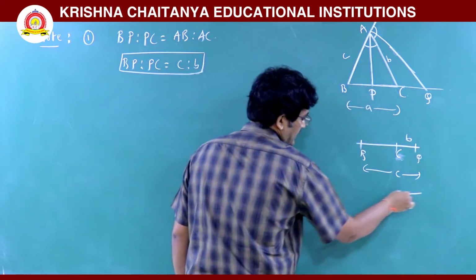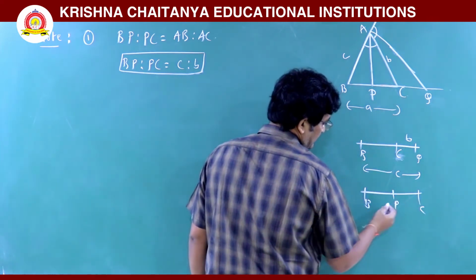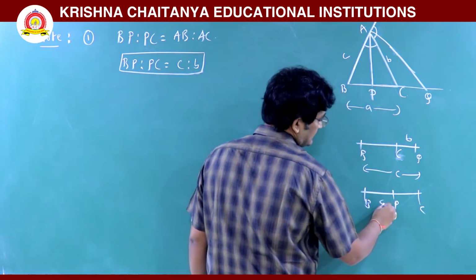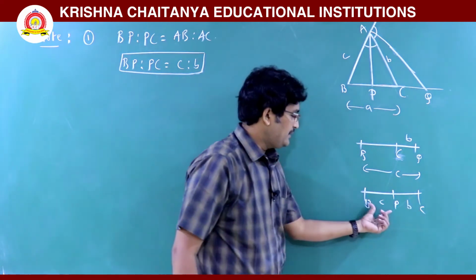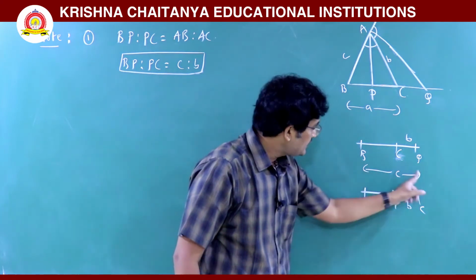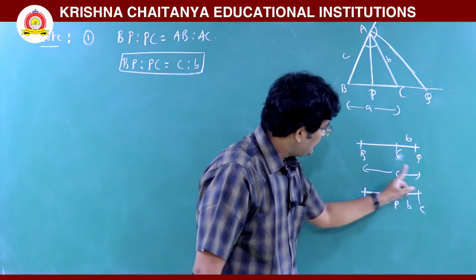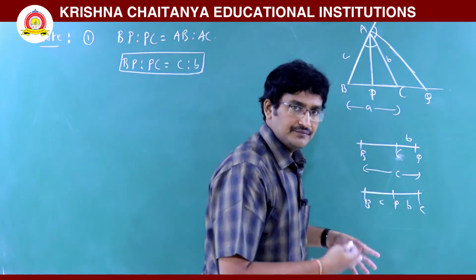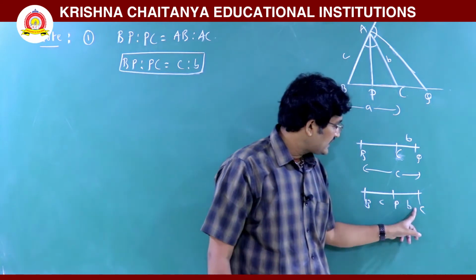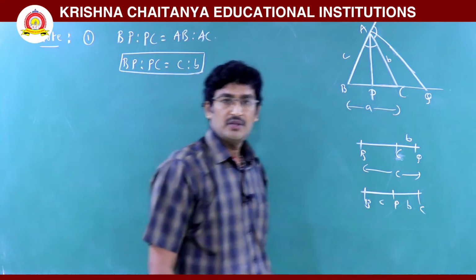Here, this is B, this is C, this is P. BP, this length is c, and this length is b, so BP is to PC is c is to b. BQ is to QC is c is to b, but P lies inside of the line. So P divides BC bar internally, and Q divides BC bar externally with the same ratio. You have to remember that one.